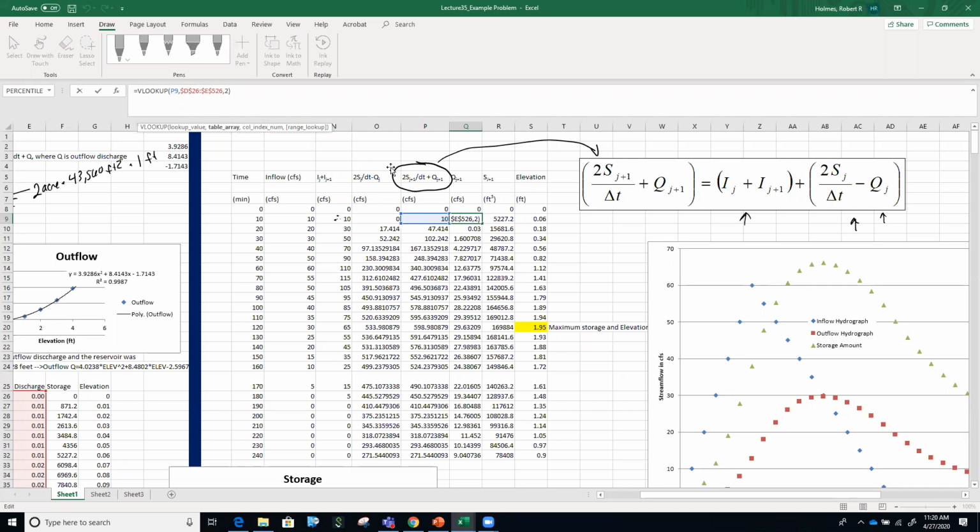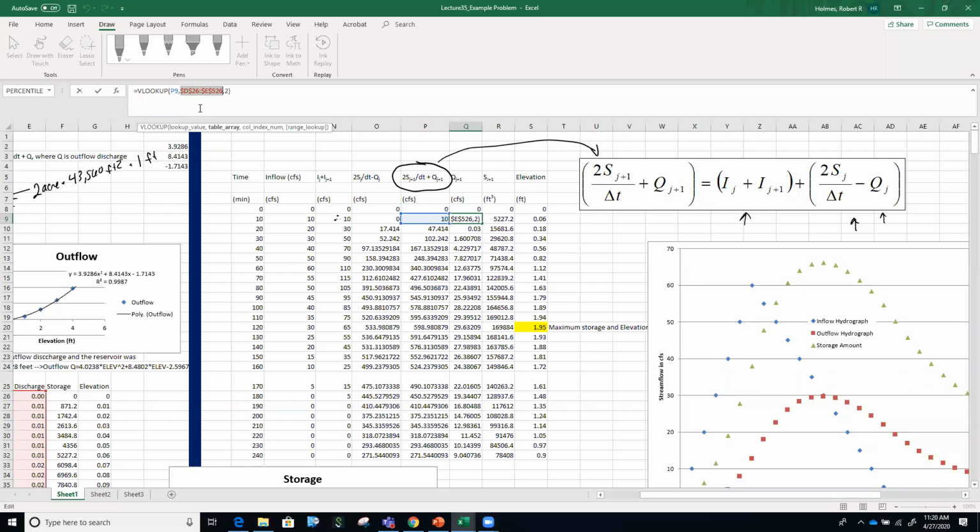The VLOOKUP is a function in Excel that automatically looks at a table. The first item here is P9. So it says, look at a table that's contained in this area right here, and you have to use the dollar signs to get an absolute cell reference.